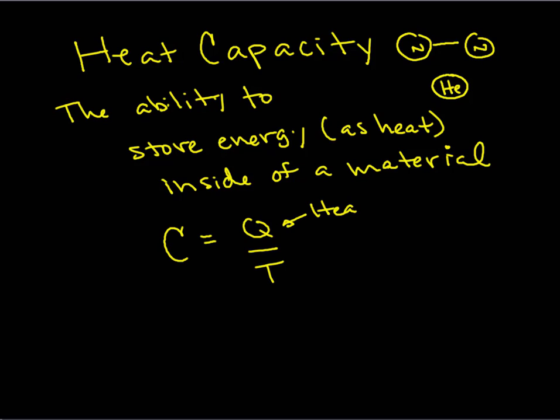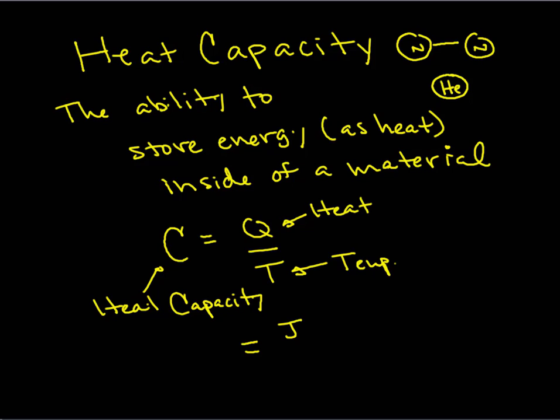Here we have heat, and occasionally you'll see capital Q or lowercase q. Here is the temperature and our heat capacity. The heat capacity is relatively large for water, as opposed to something like aluminum foil, which has a slightly lower heat capacity, and you can see that with the amount of energy it takes to heat up water, or how cool aluminum foil will be to the touch after you've quickly taken it out of the oven.